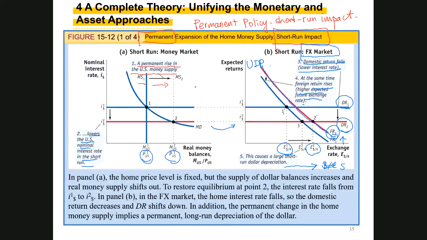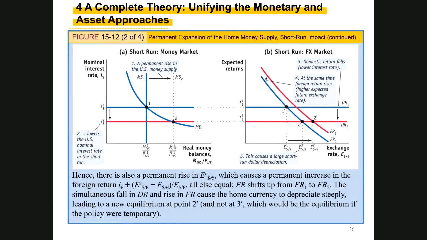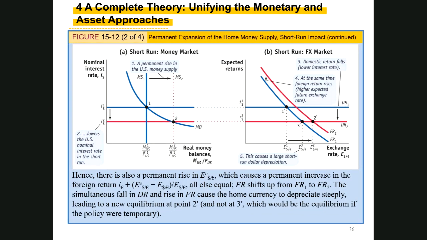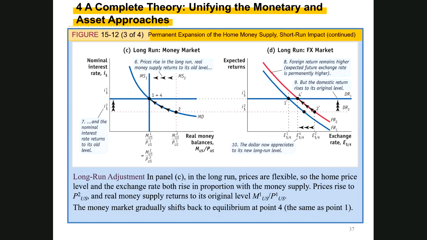Okay, but what happened in the long run? The long run adjustment is what? The short run should be fine, right? Right now, the short run is fine, from 1 to 2. In the long run, the prices are flexible.